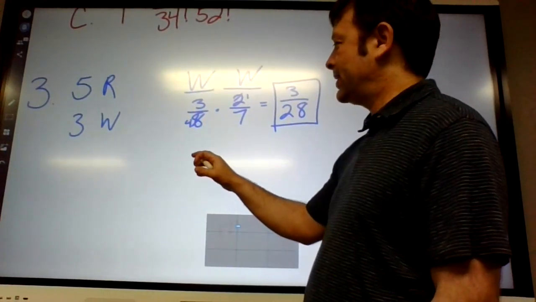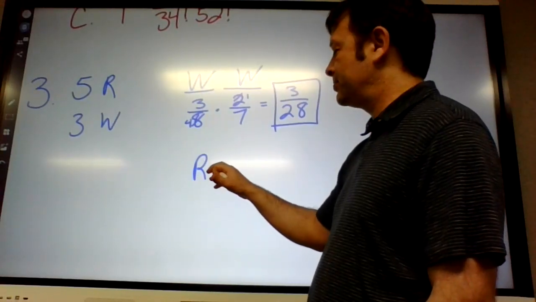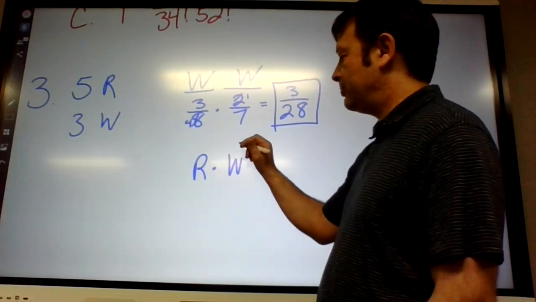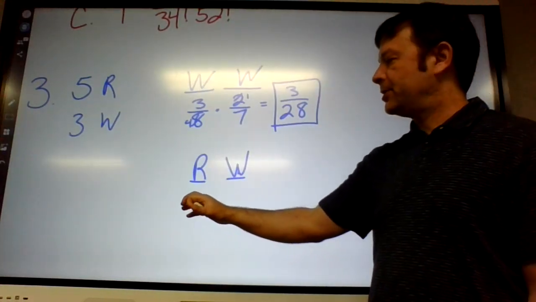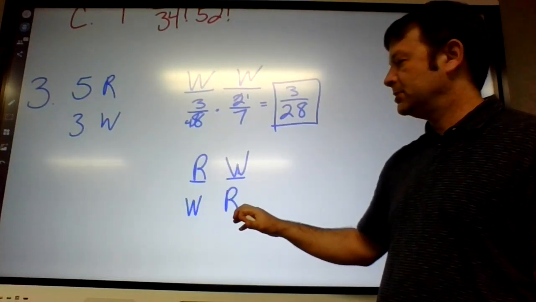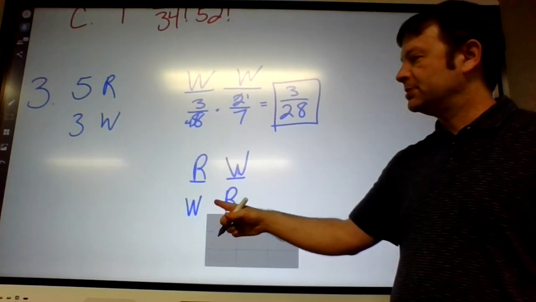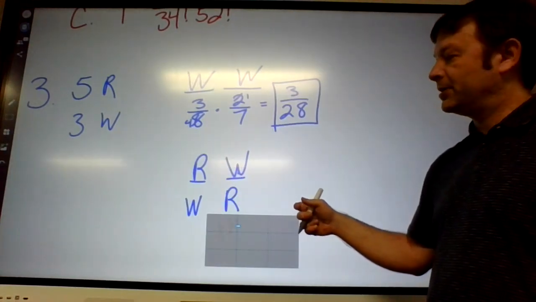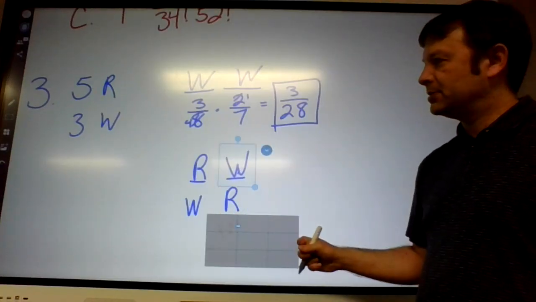Okay, the next question is, what's the probability of there being 1 red marble? Okay, that could happen 2 different ways. It could be our first draw is red, and then our second draw is white. Or it could be our first draw is white and our second draw is red marble. So we're going to figure out the probability of both of these and add them together to get the total probability of either of these happening.